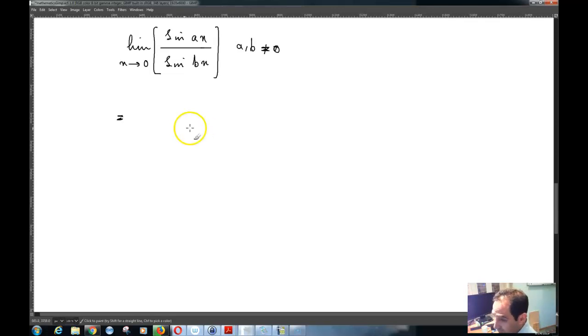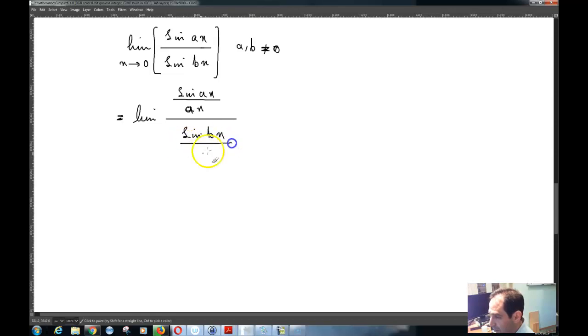So I can write this as the limit of sine ax divided by ax and sine bx divided by bx, and then I have to multiply this by the reciprocal of this, which is bx to ax. The x and x cancel out. You'll be left with b to a.